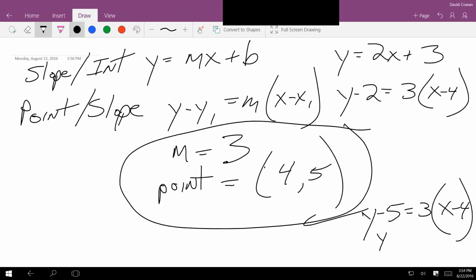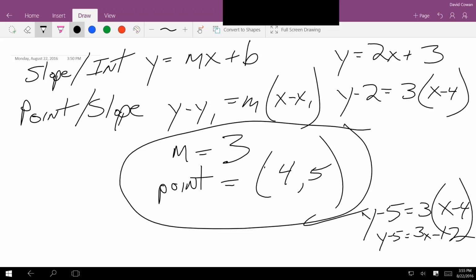So what's y minus 5 equal to? Three x plus 5. No, multiply the 3 times the minus 4. Let's do it one step at a time. So it's minus 12.